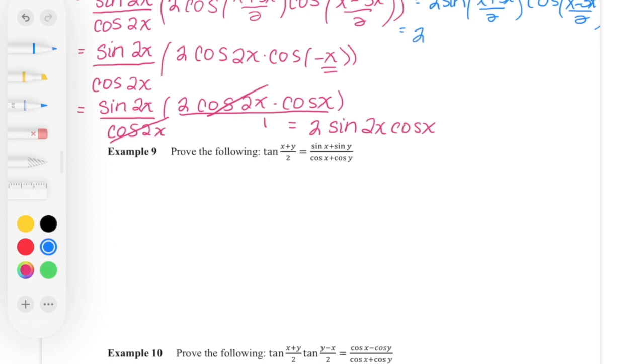Simplifying, we'll have 2 times sine of 2x times cosine of negative x. Utilizing the even and odd rules, we'll have 2 times sine of 2x times cosine of x. And now I have the left-hand side equal to the right-hand side. And so we know we have done and proved this.